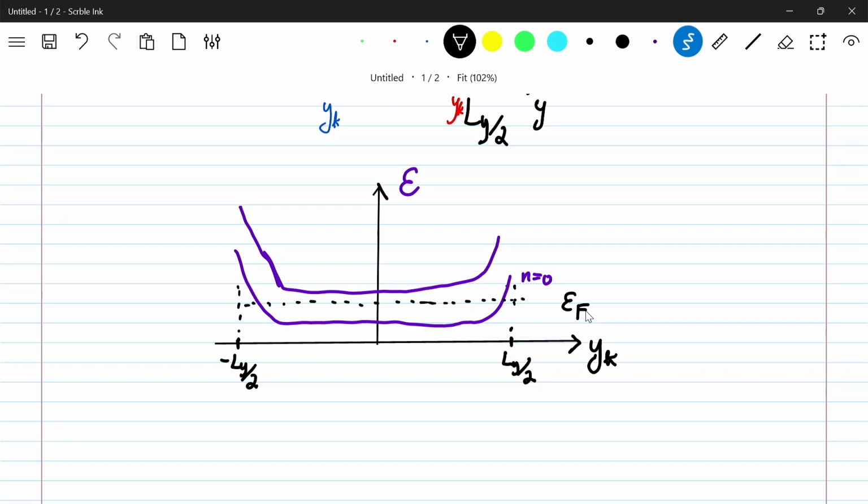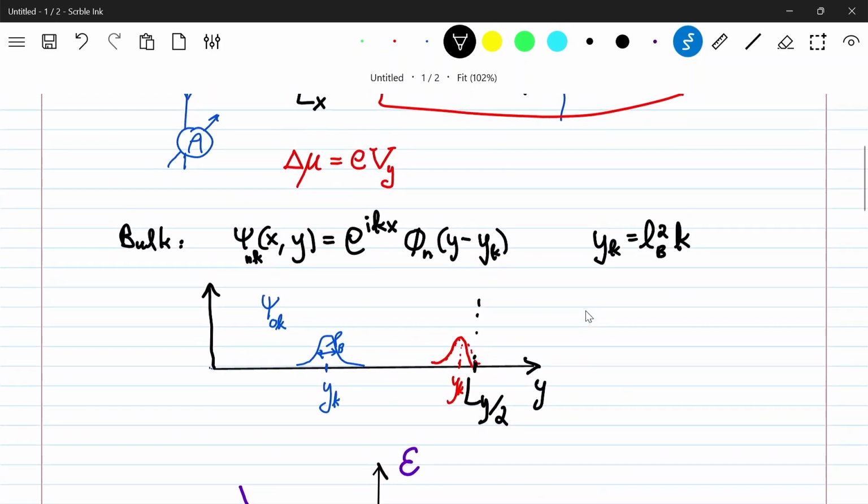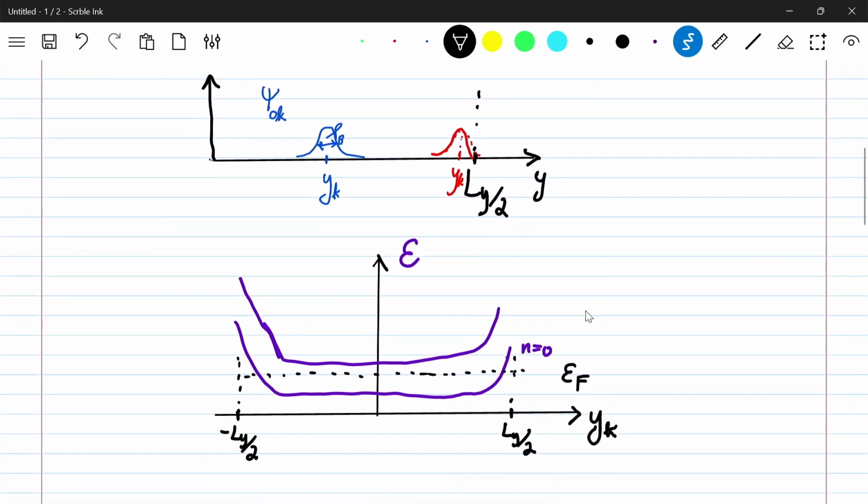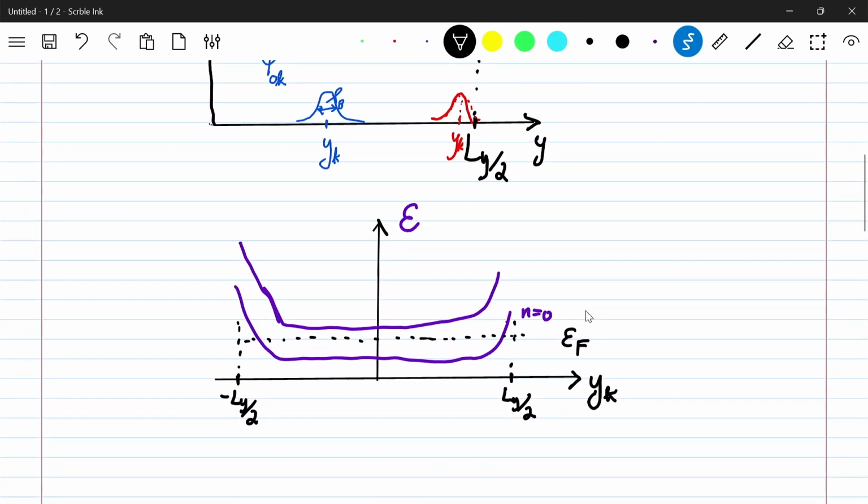But now I apply a bias, reminding you what it means to apply a bias. There's a chemical potential difference, delta mu, and that means that the Fermi energy has a slight bias.